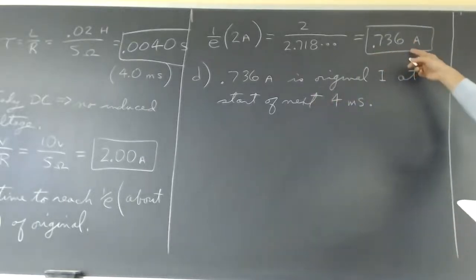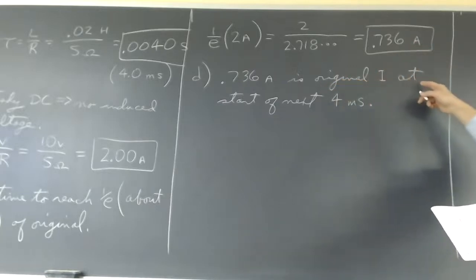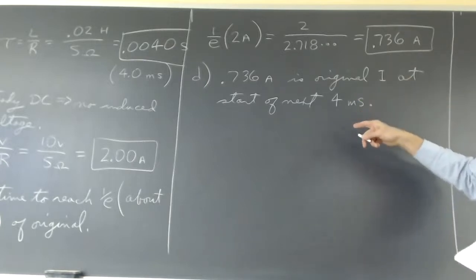so what you had at the end of the first 4 milliseconds becomes the original current at the start of the next 4 milliseconds.